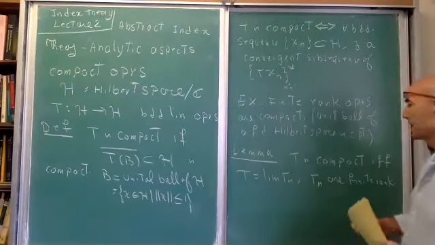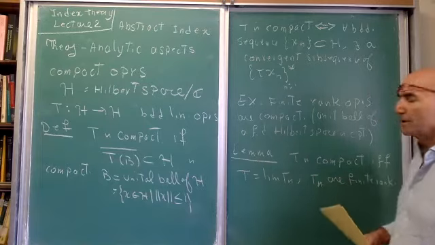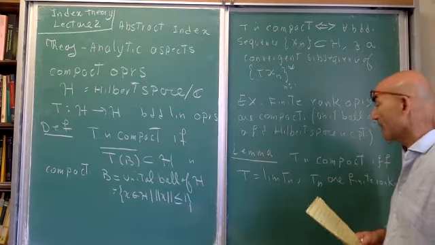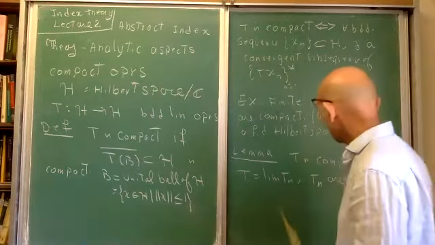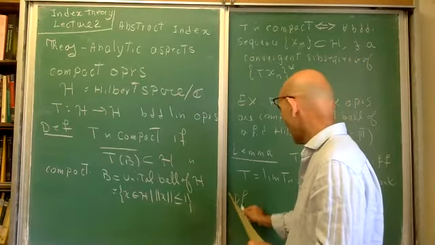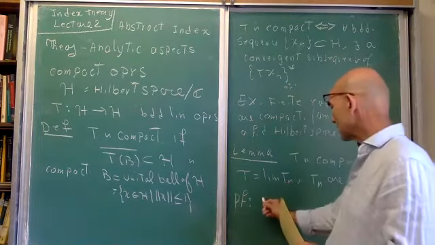So in other words, compact operators are exactly those operators that are limits of finite rank operators. So, the idea of the proof in one direction: assume T is compact.